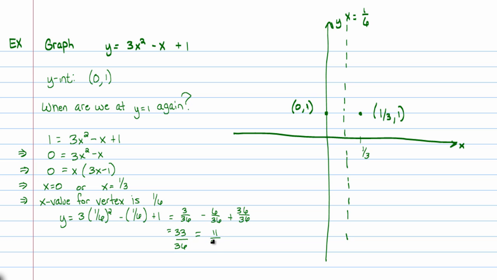That's 11/12. So it's at a height of 11/12 that I have my vertex. So let's see. 11/12 is just slightly below a height of 1, so it's somewhere right around here. Connect up these points to finish your graph. I'll connect them in a different color here. It looks something like this.